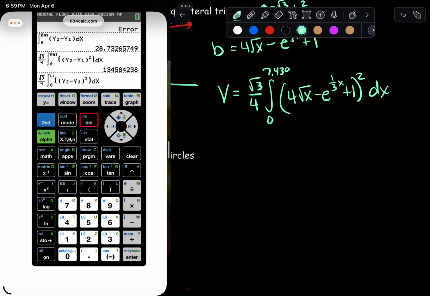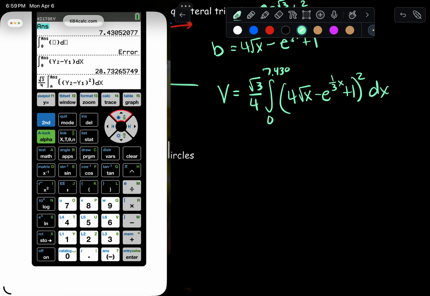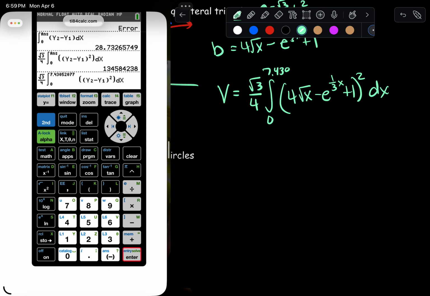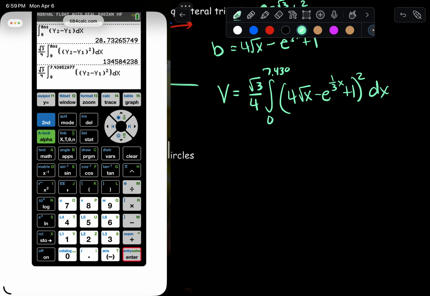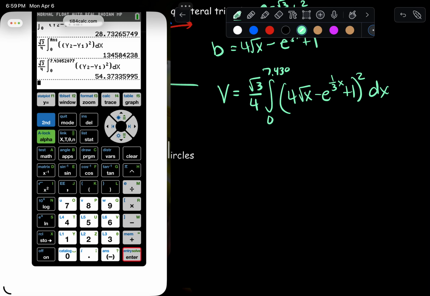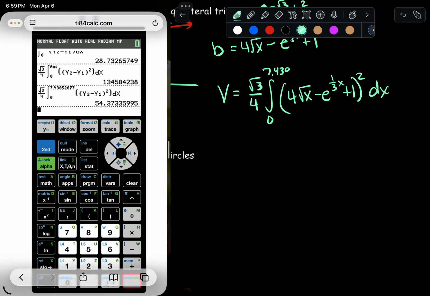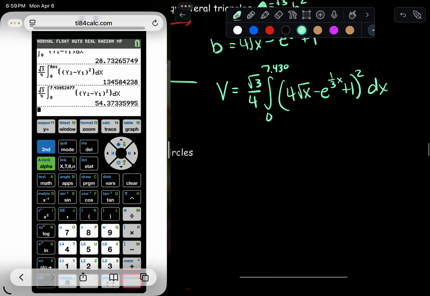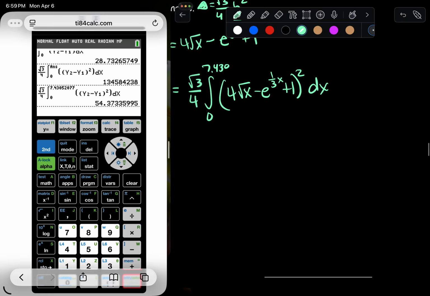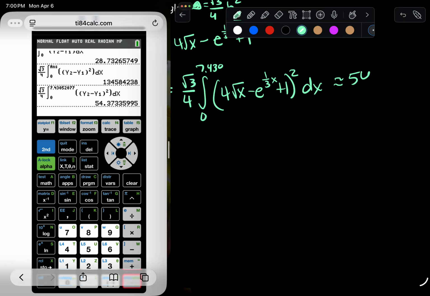No. Okay, delete. I wish I could just copy it. Enter. Oh, there we go. I went up and highlighted it and put back the 7.43. When I have the answer in there, it literally took that 28.732 and made it my upper bound, which is incorrect. So this will have a value of 54.373 units.